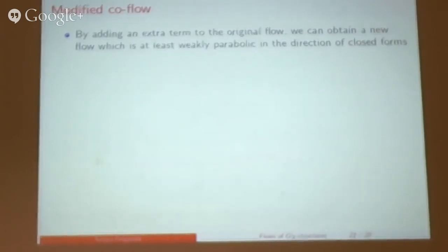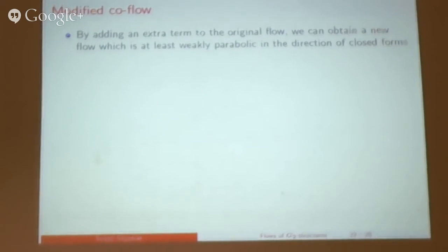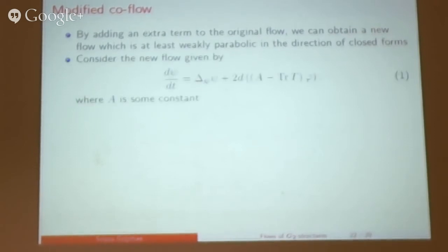One of the solutions is just to modify the flow in order to get rid of the offending term. That's the easiest thing to do. So that's what I did. So what we do is we just add on an extra term, and we have some freedom just to add a constant, just for the sake of it. It may come in useful later on.